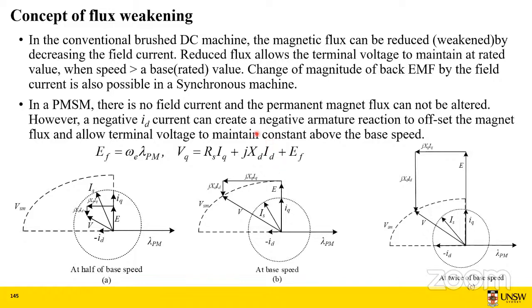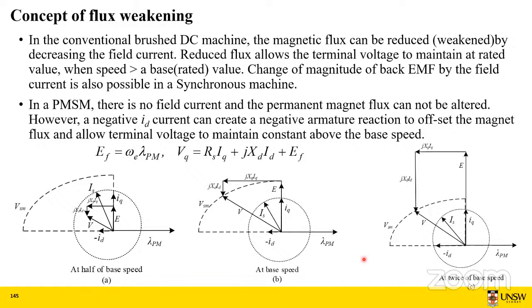But if we look at our phasor diagram, you will see that the component IDXD, this reactive drop of the D-axis inductance, is opposite to the EMF phasor. So as the EMF grows, at the same time, if we can make this negative drop grow in the opposite direction, then the resultant voltage can be kept at the limit value.